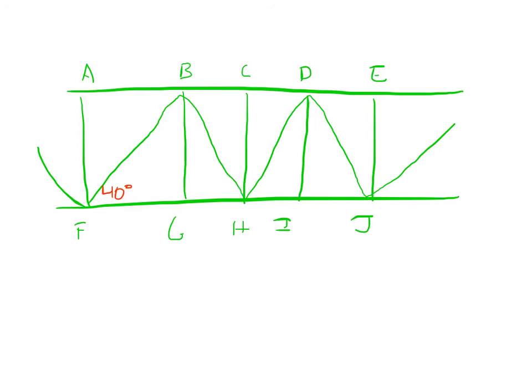Alright, let's look at example 3 here, talking about structural engineers. Triangles have been found in bridges to be extremely strong. So we want to find the measures of angles A, B, F, F, B, C, and F, G, B. FGB I think should be a pretty straightforward one for us here.